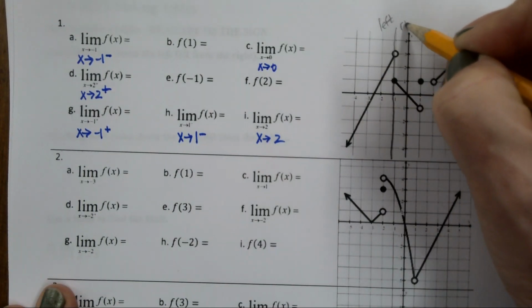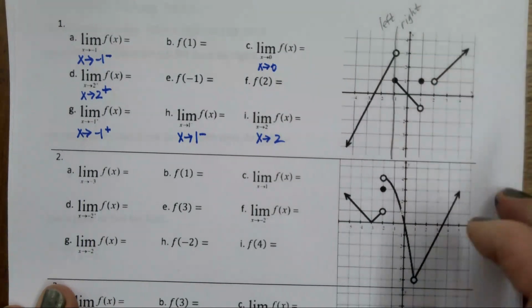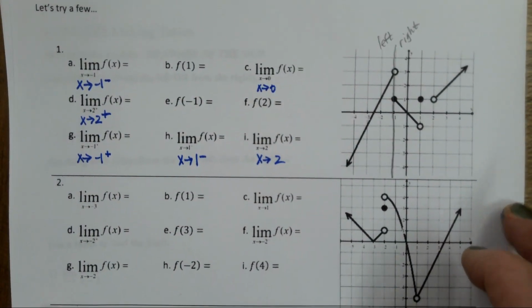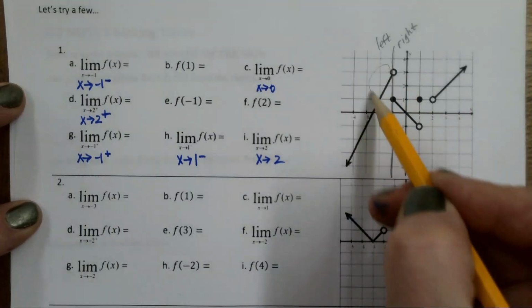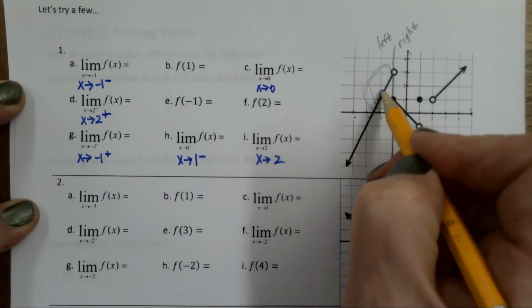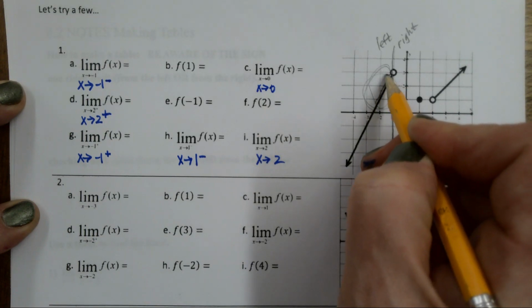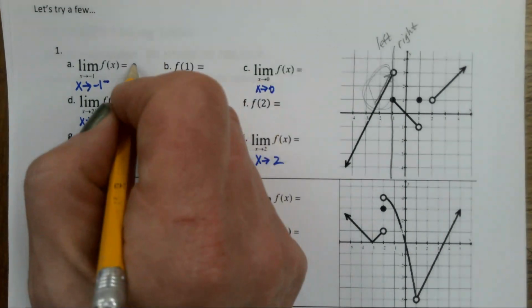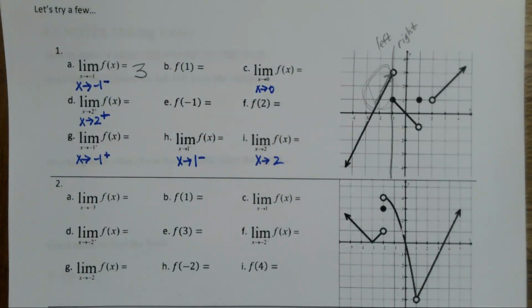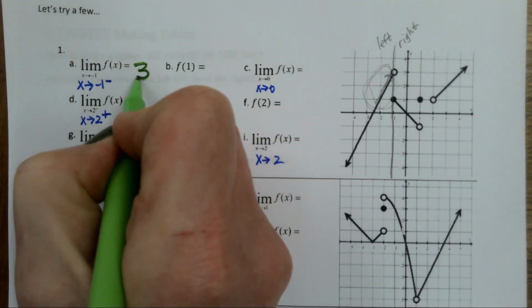This is the right-hand side of that line. And so when I'm coming from the left, I'm going to be looking at the left-hand side here. And again, if I could shrink myself down and come from the left, where would I be headed? 3. Super.